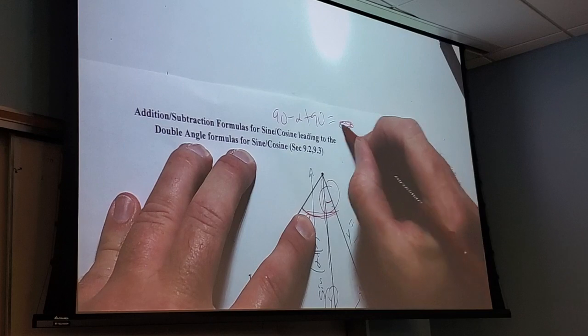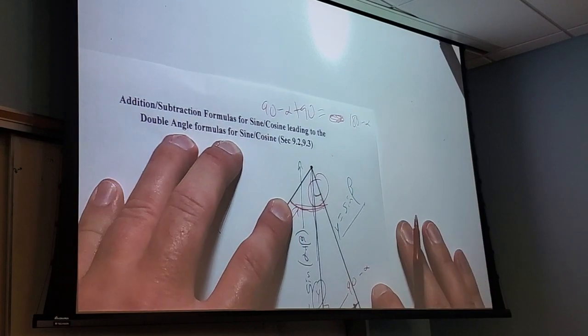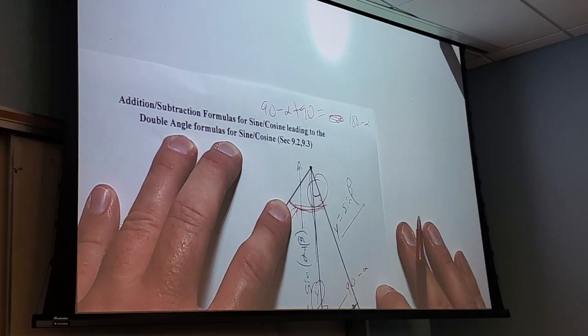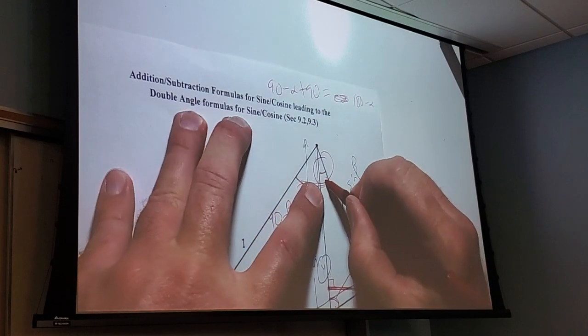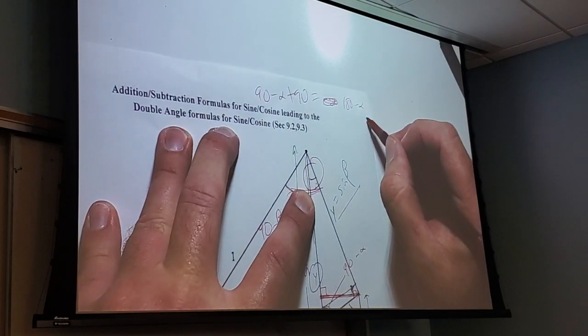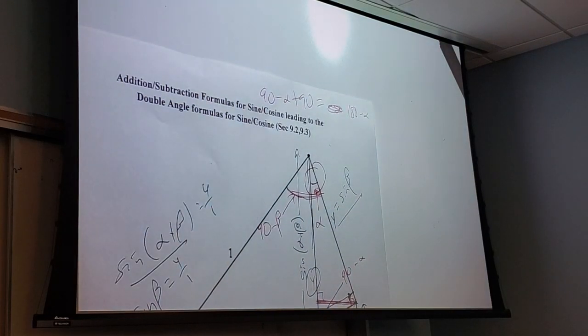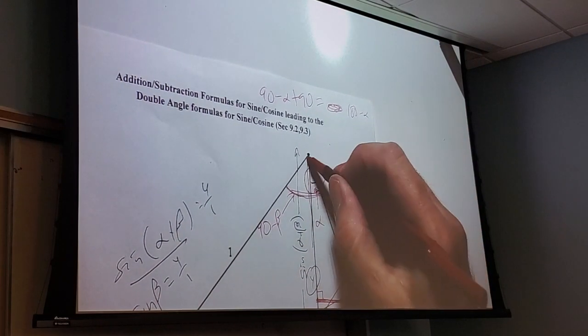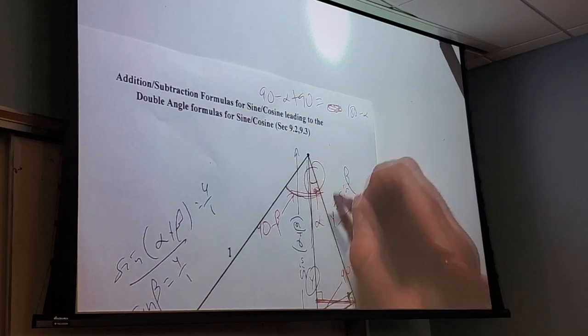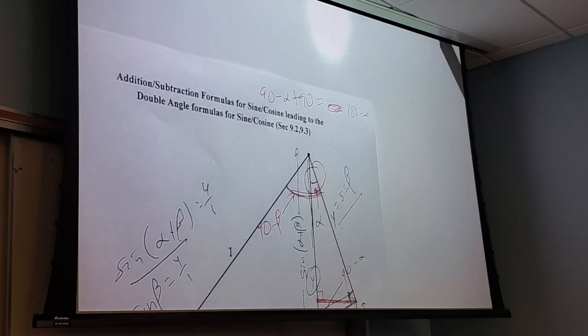Well, no, I don't. I have 180 minus alpha. So what does this have to be, so when I add it to this, I get 180? Alpha. Okay. So all that work just to get some angles in this triangle here, right?